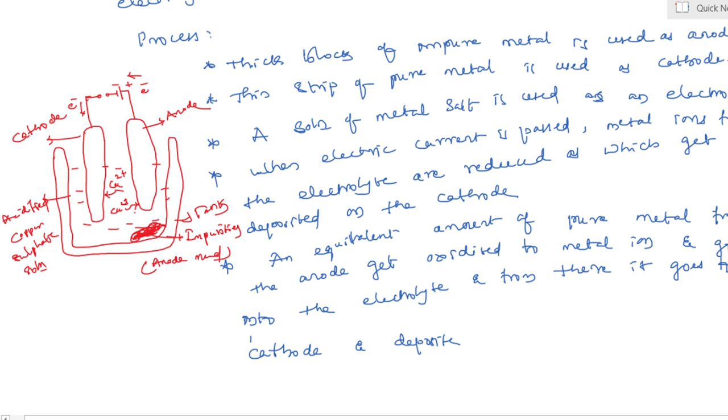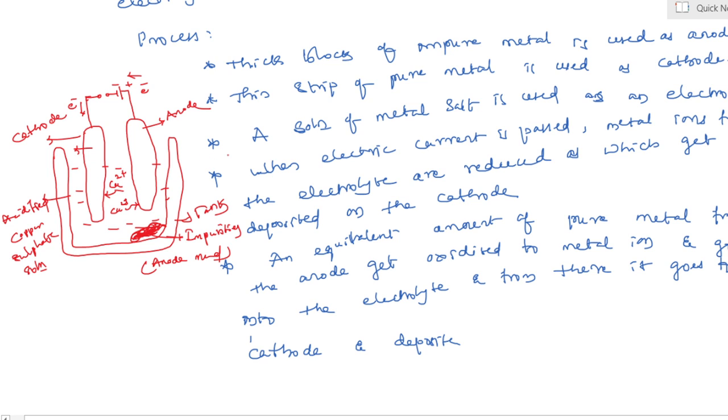Yes, my dear students, let us see once again. A thick block of impure metal is used here as anode, a thin strip of pure metal is used as cathode. Which solution is used? Acidified copper sulfate solution is used as an electrolyte. When electric current is passed, metal ions from the electrolyte are reduced and get deposited on the cathode side.